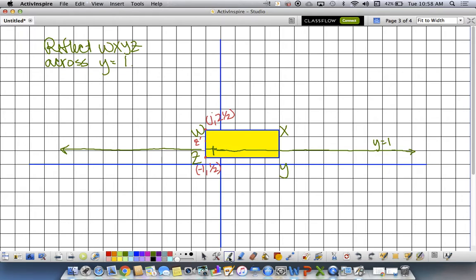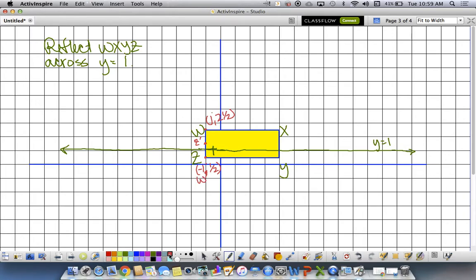So here's my Z prime. W is 1.5 above this line, y equals 1. So I have to go 1.5 below. There's my W prime.